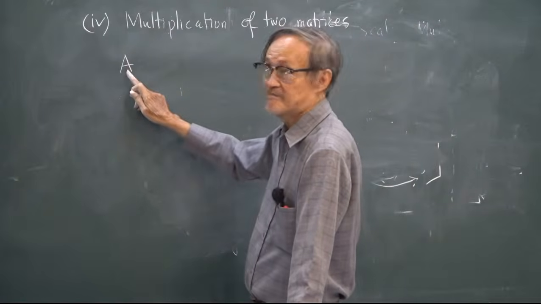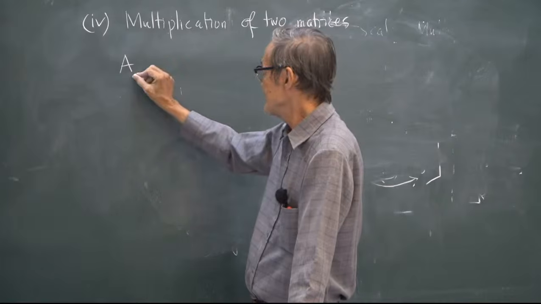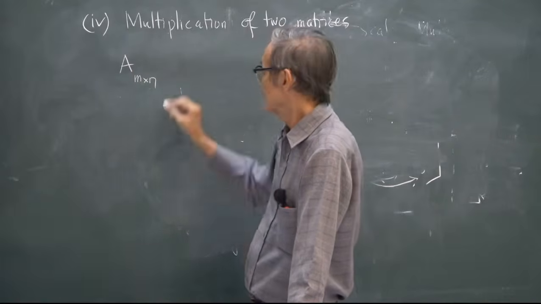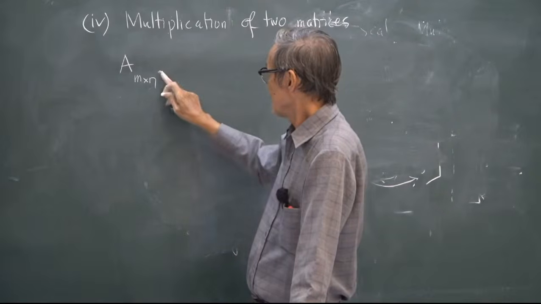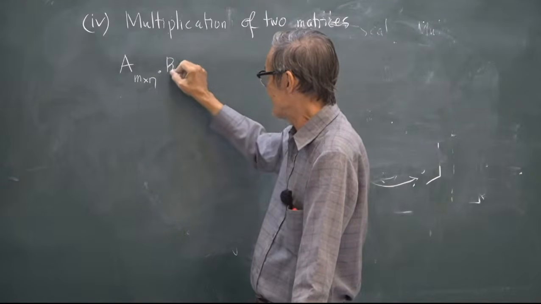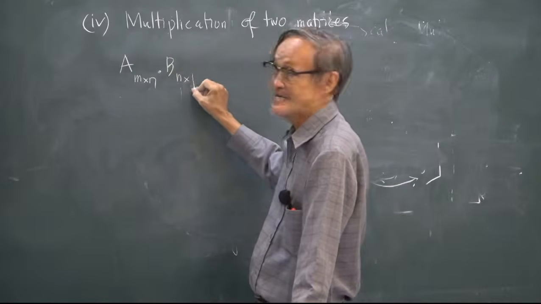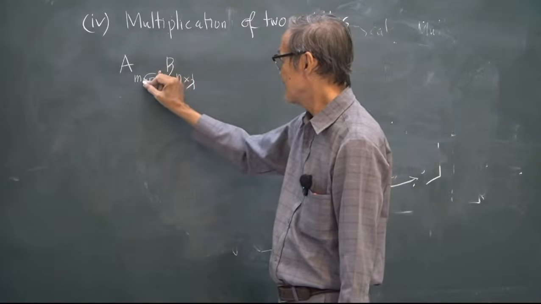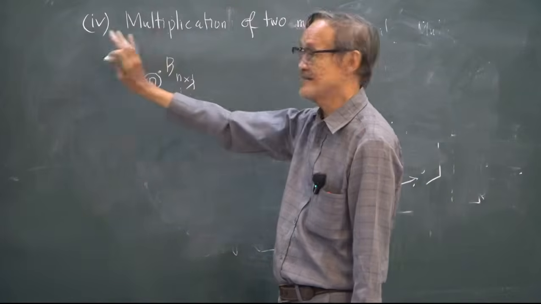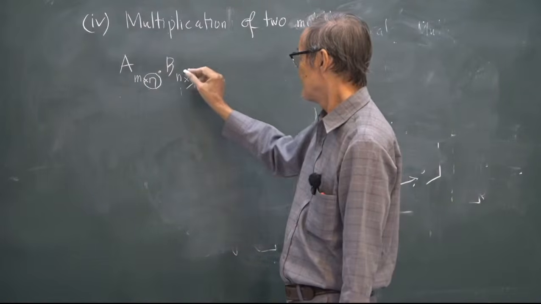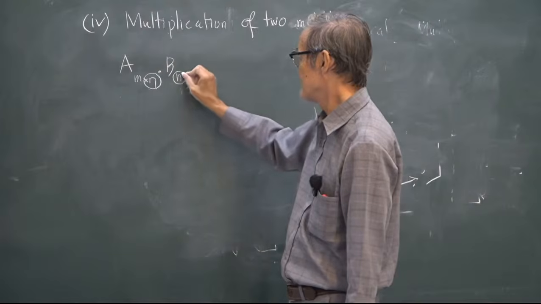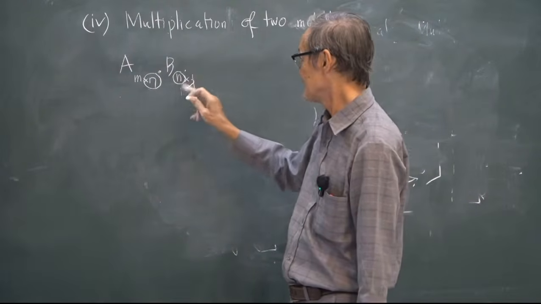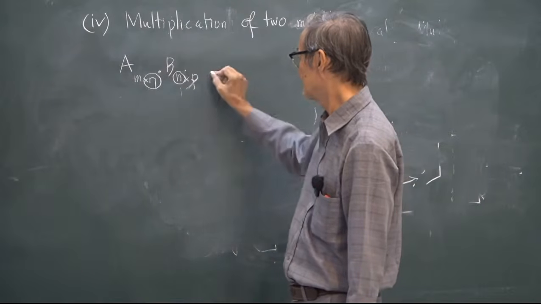We have matrix capital A, M times N, multiplied by B, N times P. We know that the number of columns of the first matrix is the same as the number of rows of the second matrix.